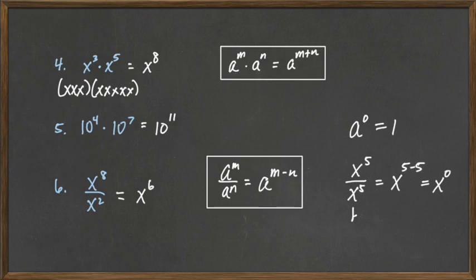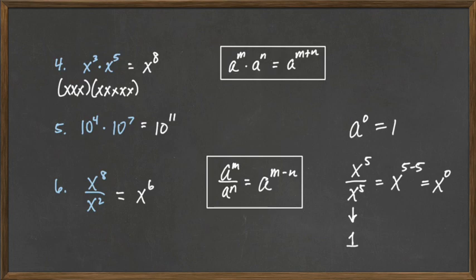On the other hand, we also know that anything divided by itself is 1. And so you can see from what we've done here, it's reasonable that anything to the 0 power would equal 1, just by looking at our quotient rule.